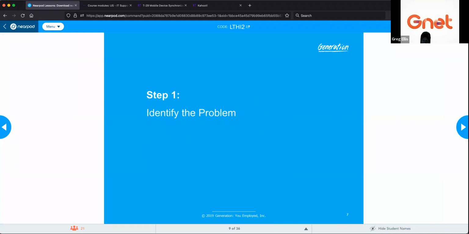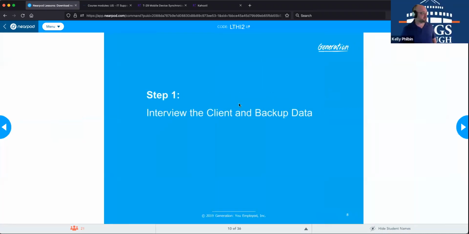That's the name of the step. This would be something you would do under that step. This is not the name of the step, which is interview the client and back up data. So under this rule 1 or step 1, you need to interview the client and back up your data. Is that clarified or no?